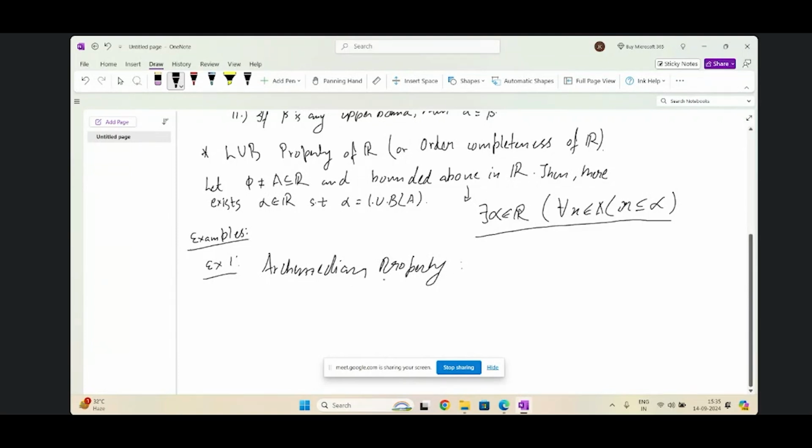So can anyone say what the Archimedean property is? Given any real number alpha, there exists a natural number n such that n is greater than alpha. Yeah. So basically, given any alpha belonging to R, there exists n belonging to N such that n is greater than... oh, sorry, let me just use x here.